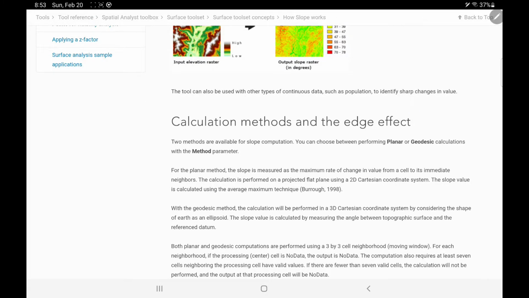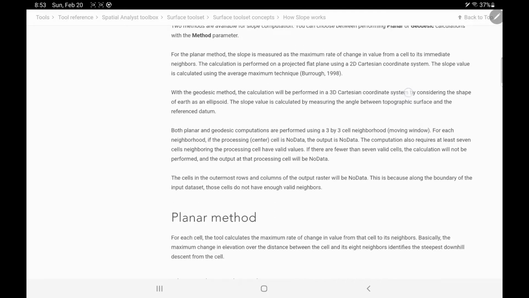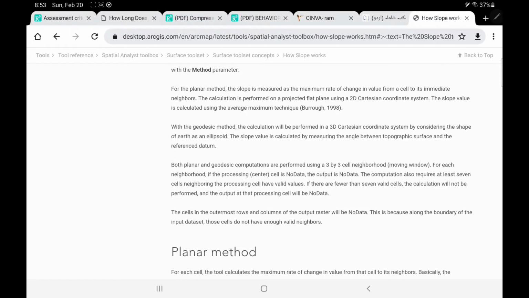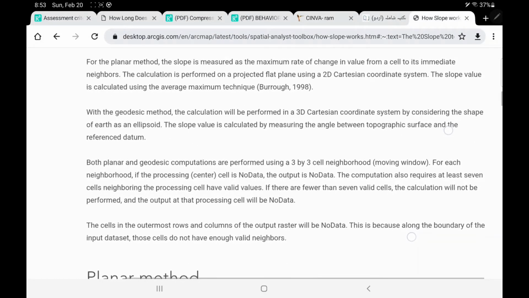Also, one of the changes in the new ArcGIS is that you have a further category of calculation method, planar and geodesic. In planar you have Cartesian coordinates, in geodesic you have latitude, longitude and altitude. And here are the rules.